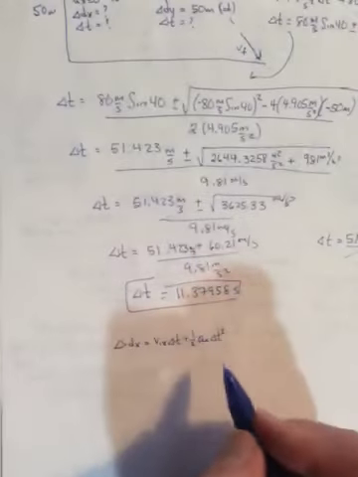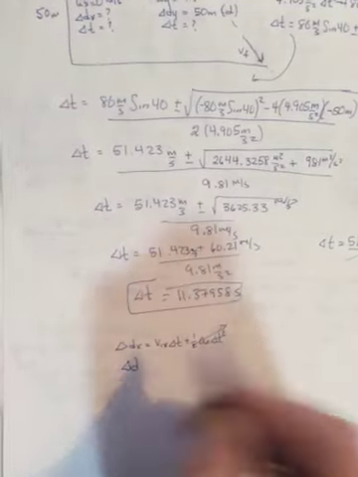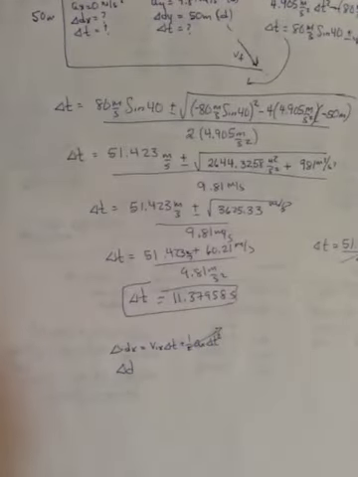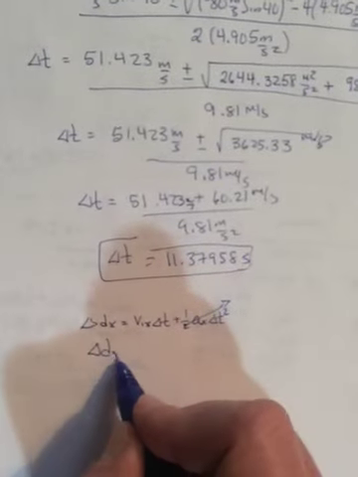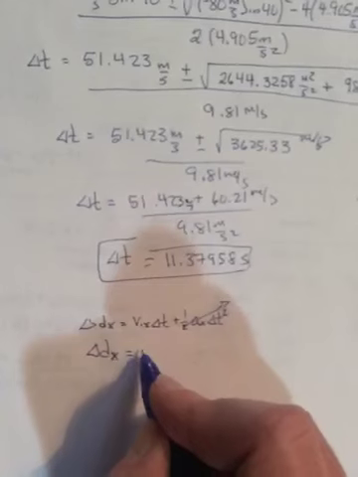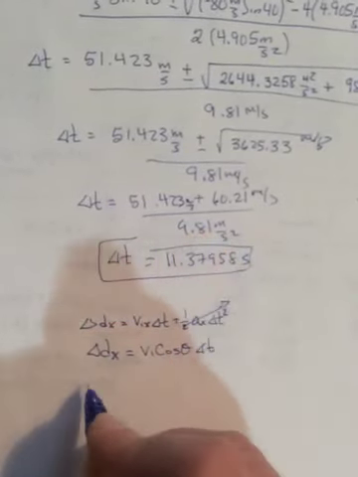Okay, so once we have our time, we use our delta dx equation. Sorry, that looks blurry. So delta dx will be equal to vi cos theta delta t.